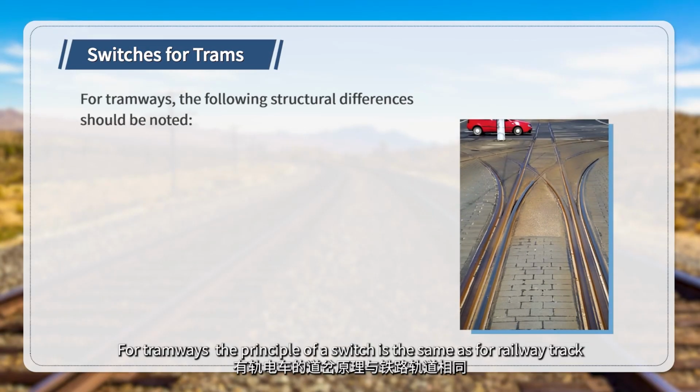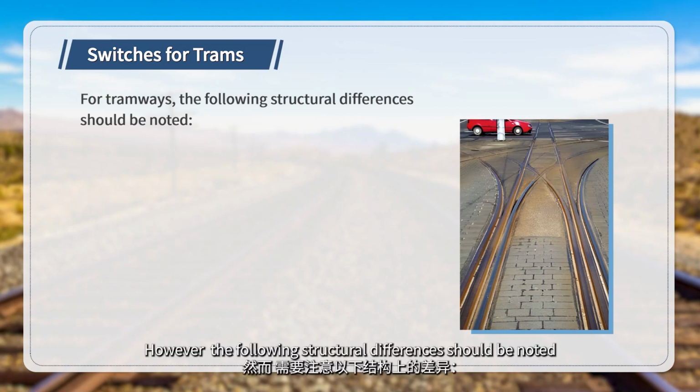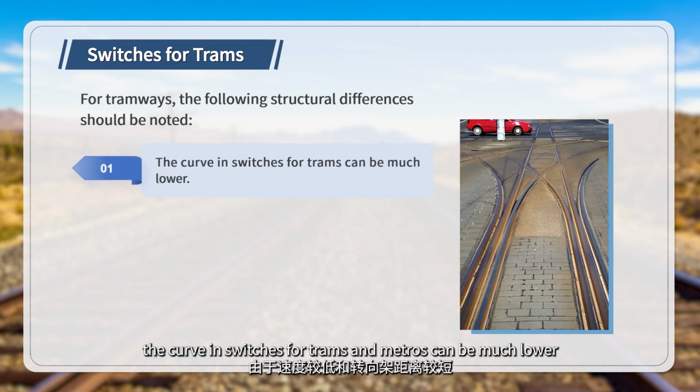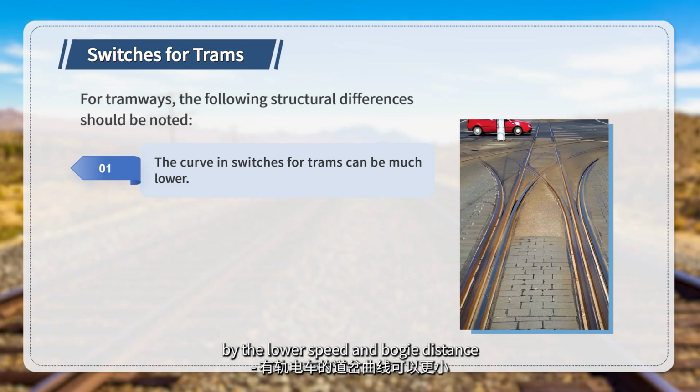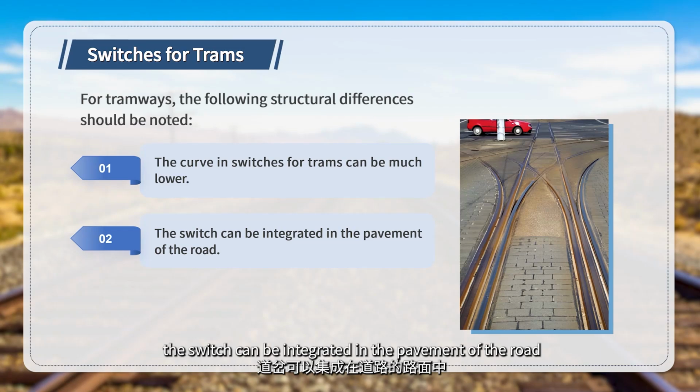For tramways, the principle of the switch is the same as a railway track. However, the following structural differences should be noted. The curving switches on trams and metros can be much tighter due to the lower speed and bogie distance, so the switch length is shorter. The switch can be integrated in the pavement of the road.